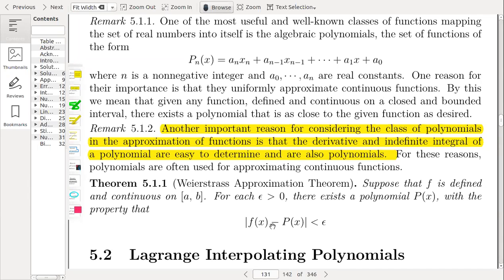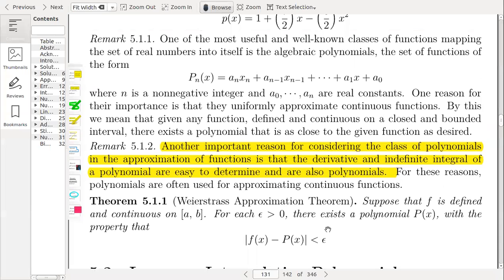We can minimize this difference between the function and the polynomial p of x as we desire, to manipulate or interpolate the data, if we construct a polynomial over the given data. That's what this theorem says.